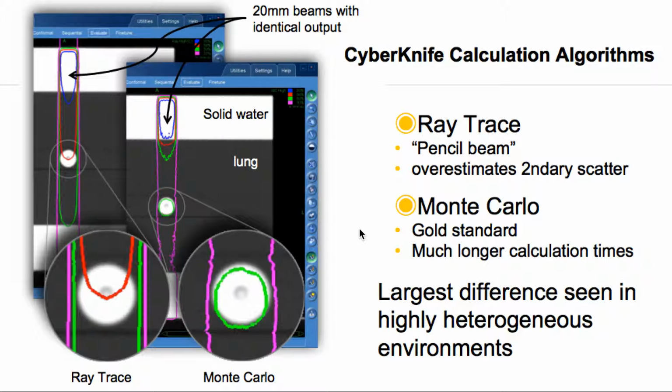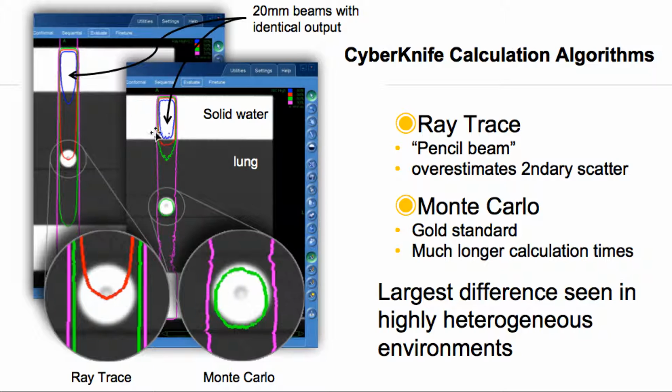At the 6 MeV energy of the CyberKnife, charged particle equilibrium fails in highly heterogeneous environments, like with small tumors in the lung, and dose is not accurately calculated using the ray trace model.